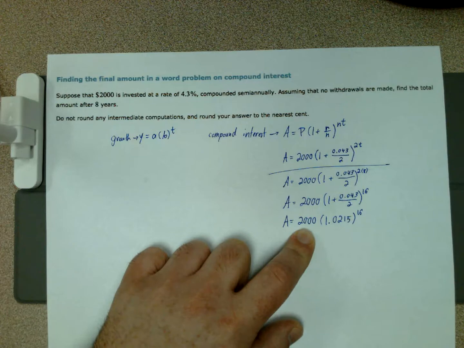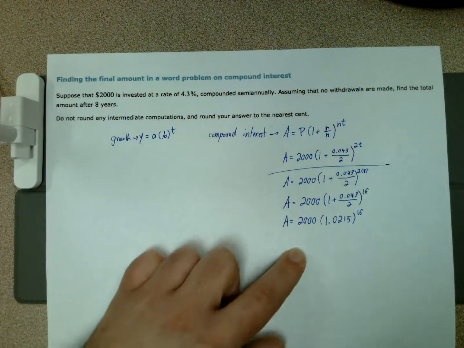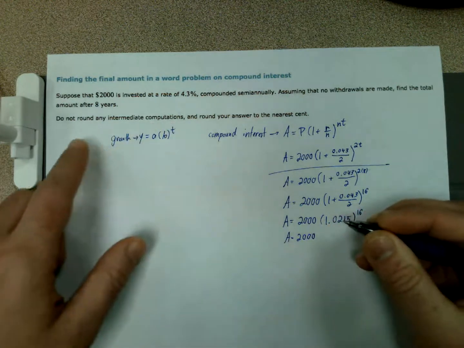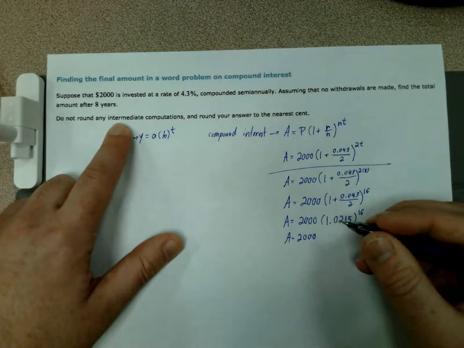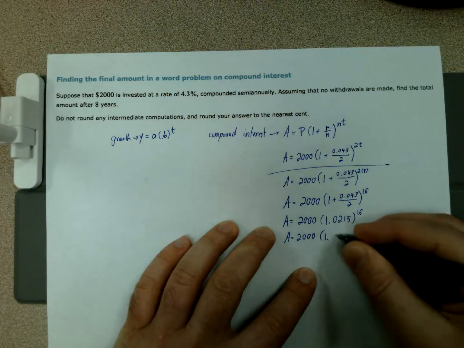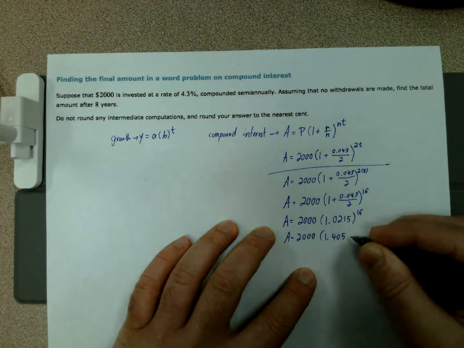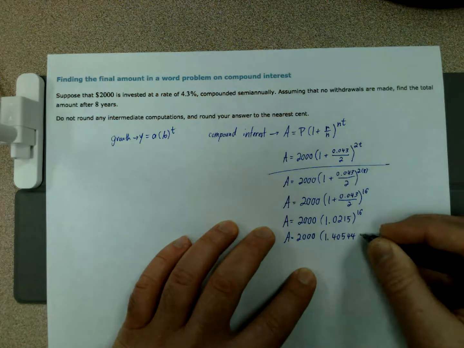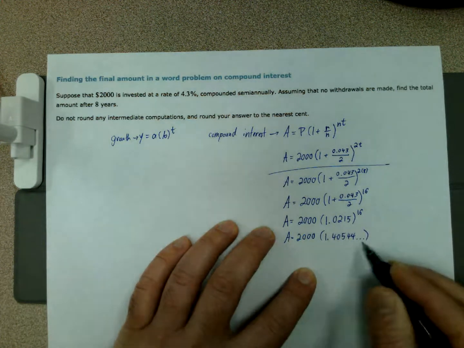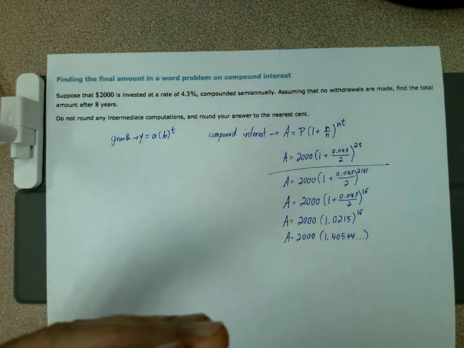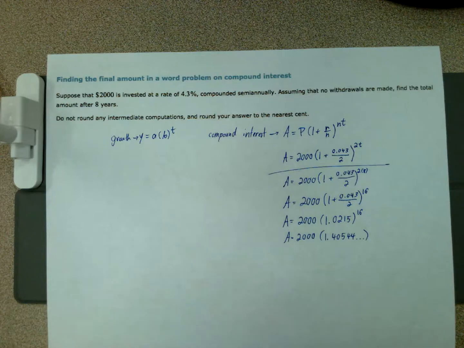So don't clear your calculator after you put it in, because that's going to be rounding, and it even warned you up here, do not round in the middle of your computations. So I'm going to write out a rounded number, but I'm going to leave it on my calculator itself so that I'm not rounding.